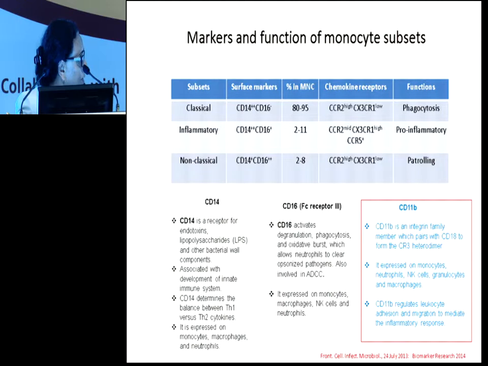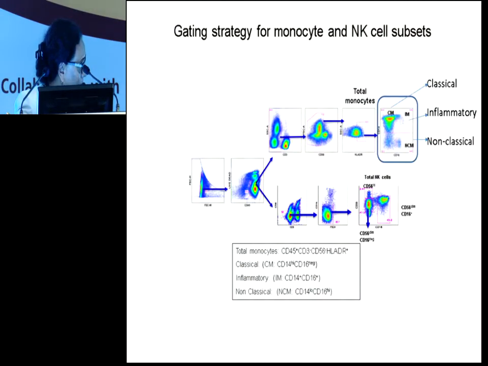And all of these monocyte subsets have CD11B, which is another marker. It's an integrin molecule on the cells, which can be expressed high or low, and this has a very important function in these cells. You can identify all of these subsets by flow cytometry quite easily.